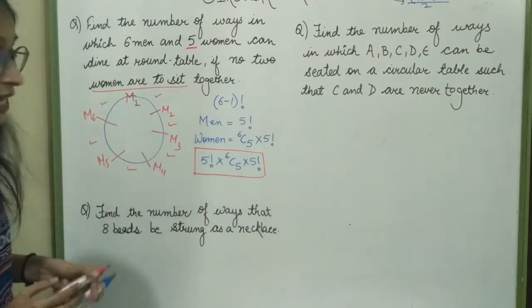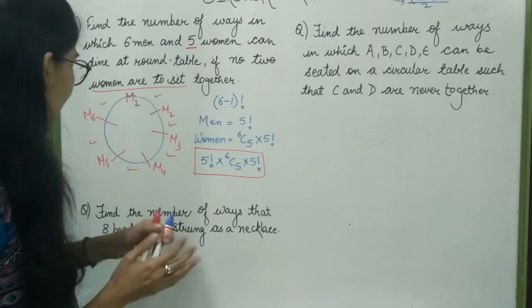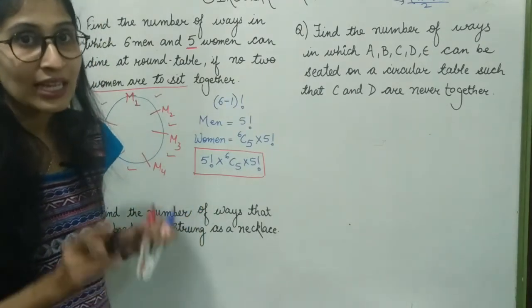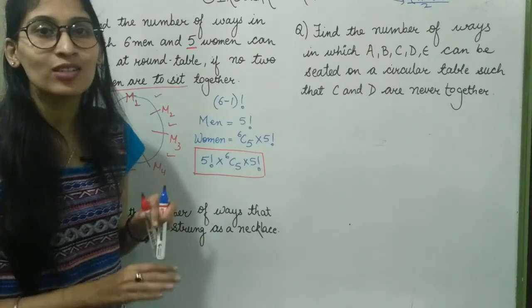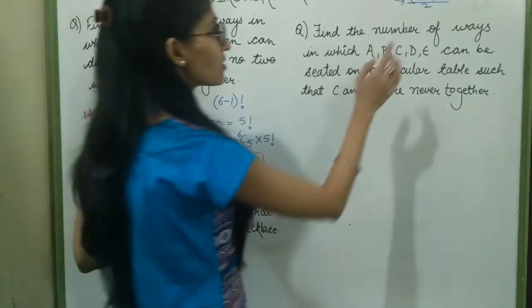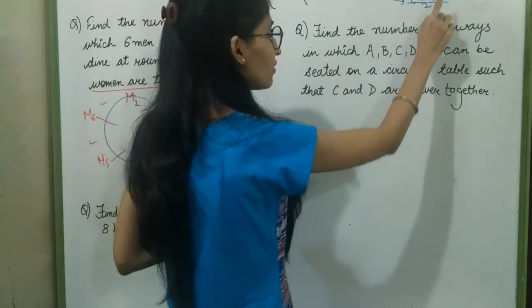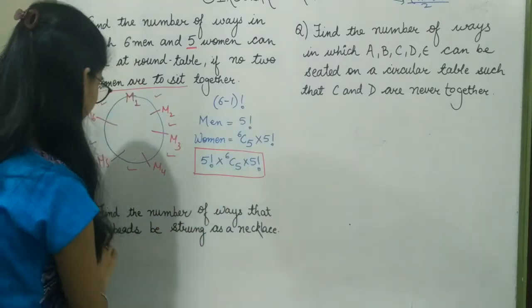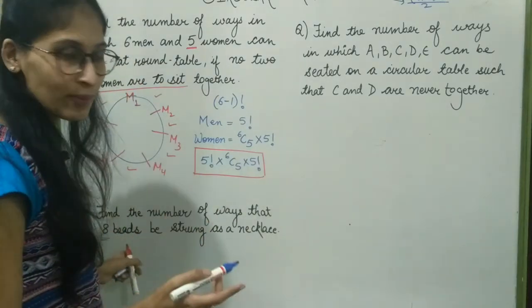Next question is, find the number of ways that 8 beads can be strung as a necklace. In the case of a necklace, there is no distinction between clockwise and anti-clockwise. So my answer will be n minus 1 factorial upon 2. So here the value of n is 8, 8 minus 1.